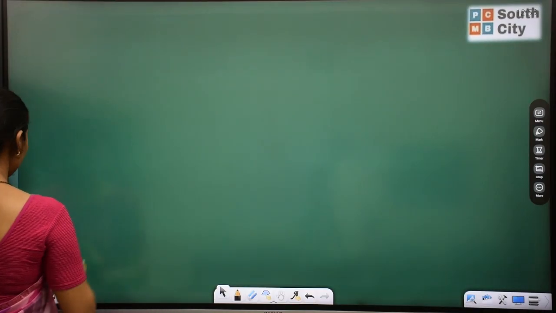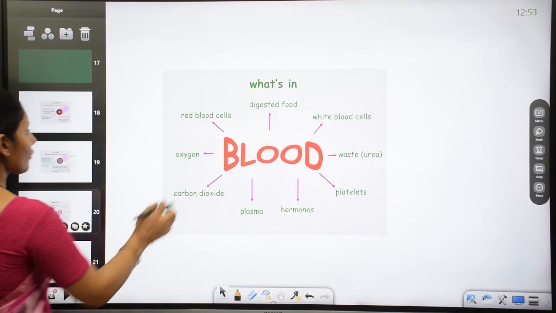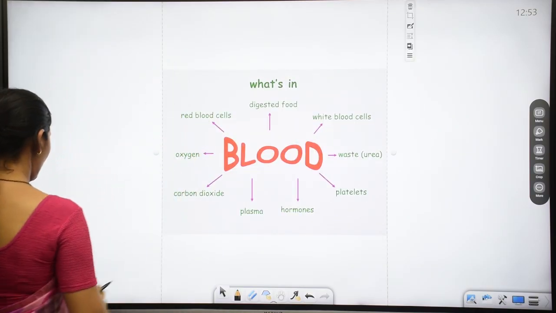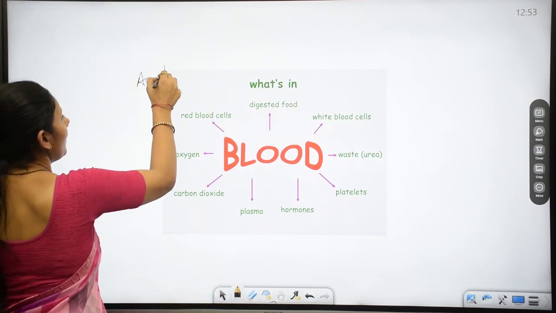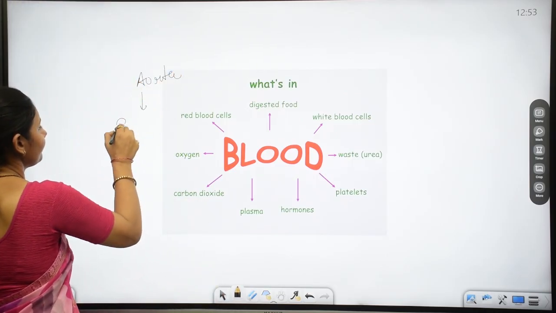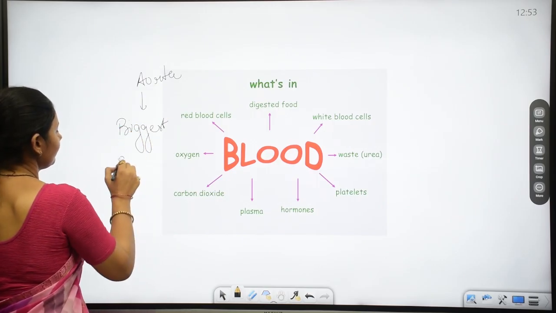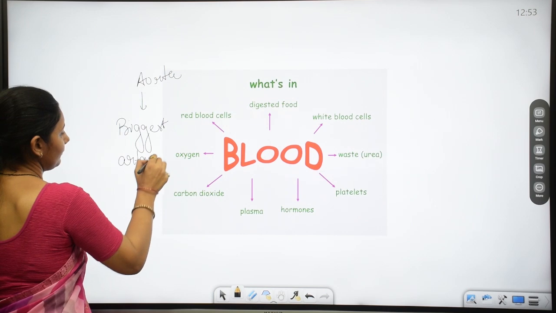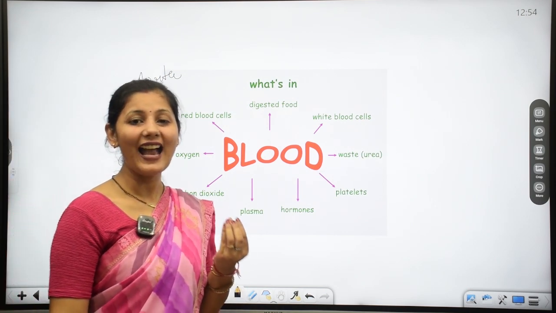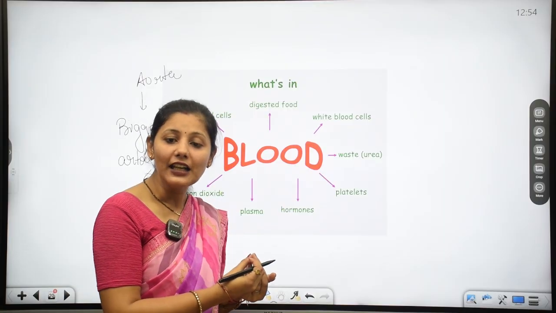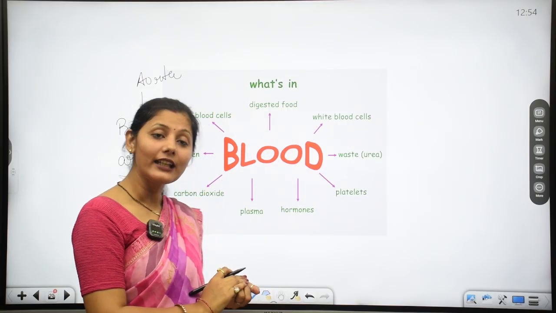Okay, so aorta is known as the biggest artery, which carries the blood from the left ventricle to the body part.